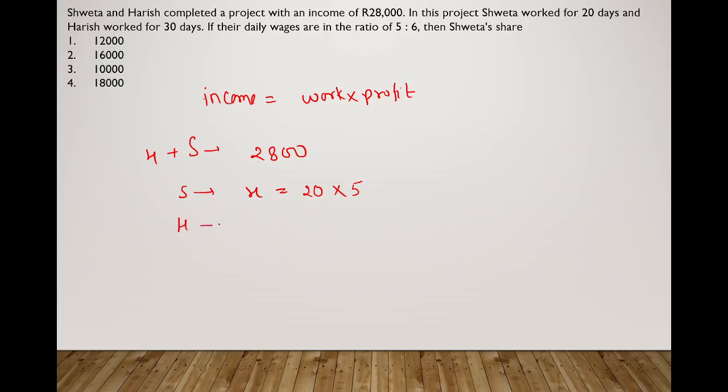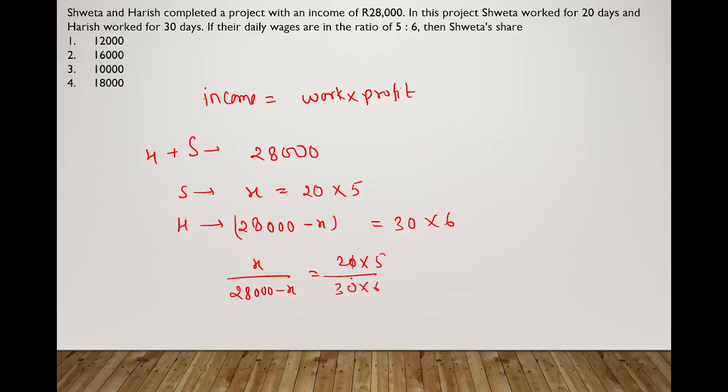Similarly, Haris's income is 28,000 minus X, this is the income of Haris, and he worked for 30 days and profit is 6. Divide both: X divided by 28,000 minus X equals 20 into 5 divided by 30 into 6. So this is 5 by 9.